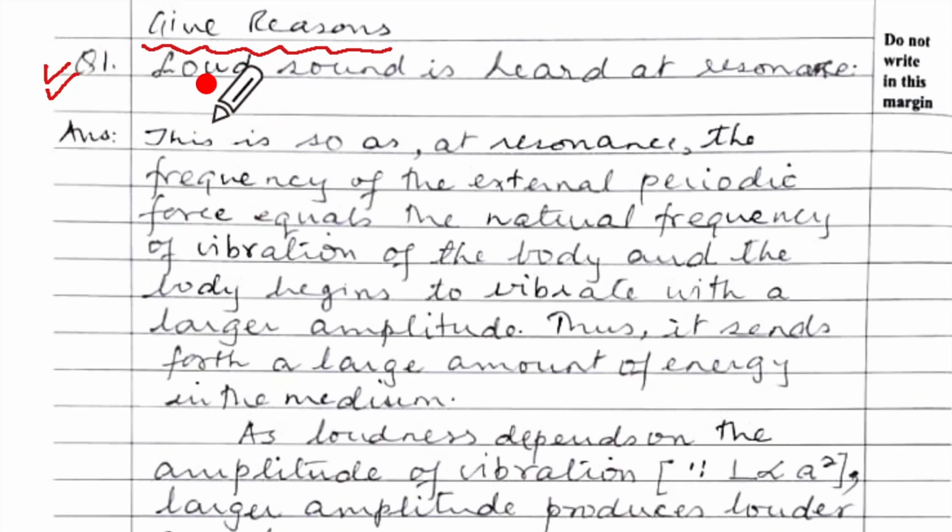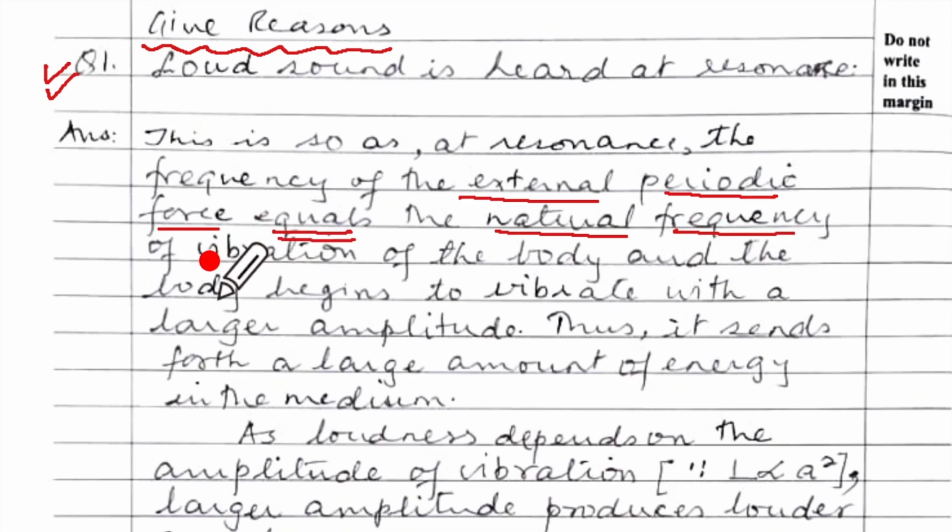First one says loud sound is heard at resonance. We write the answer after leaving one line, and then we say this is so as at resonance the frequency of the external periodic force, double underline equals what? The natural frequency of vibration, and the body begins to vibrate with a larger amplitude.